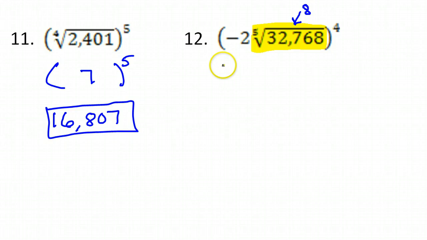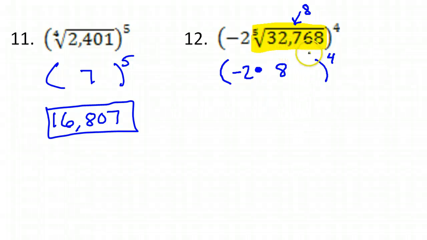So as I replace things, there's my 4th power, here's my -2, but this is multiplication. So this is -2 times 8. I just did the replacement, so I just needed to simplify this. -2 times 8 is -16.